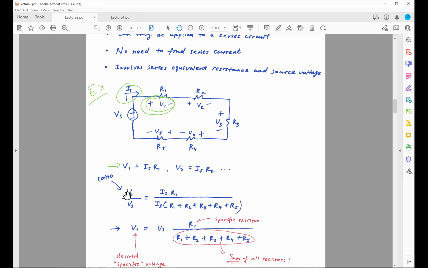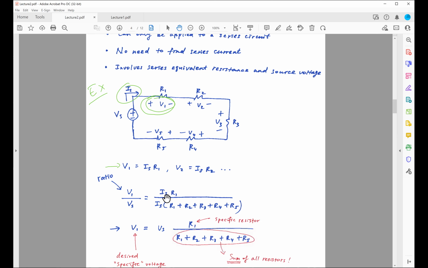If I take a ratio, let's say V1 is the voltage of interest. So V1 over Vs, this is the ratio of this voltage of interest versus the reference voltage, the voltage source.